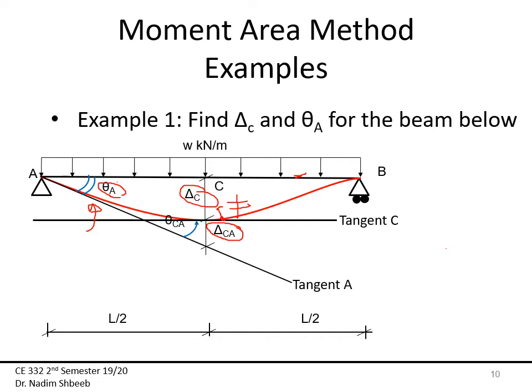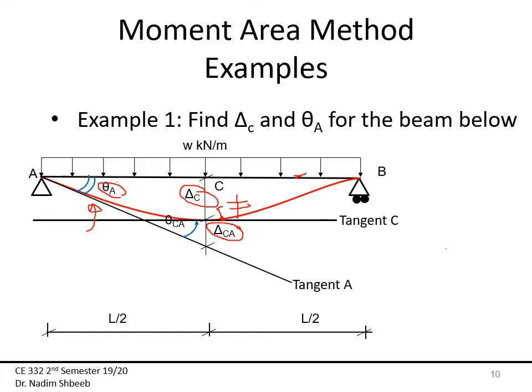Again, I am measuring. So this is the point to my right, and this is the point to my left, which is point A. So I'm going to go counterclockwise, and if it comes positive, then this is correct. So again, this is theta C measured from tangent A. This is delta C measured from tangent A. And remember that delta C, for the moment area theorem, is always on the elastic curve.